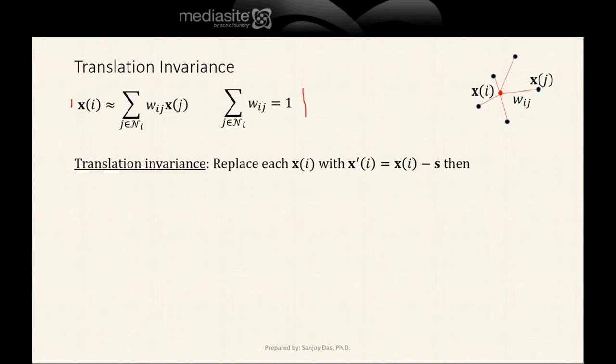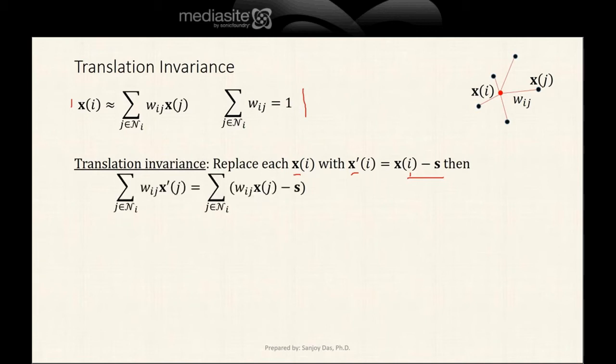So now each xi is replaced with xi prime, which is equal to xi minus s. Same with all the points, the same s. So for every index, xj will be xj minus s, x1 will be x1 minus s, x2 will be x2 minus s, and so on. So all the points are translated by the same amount, s.